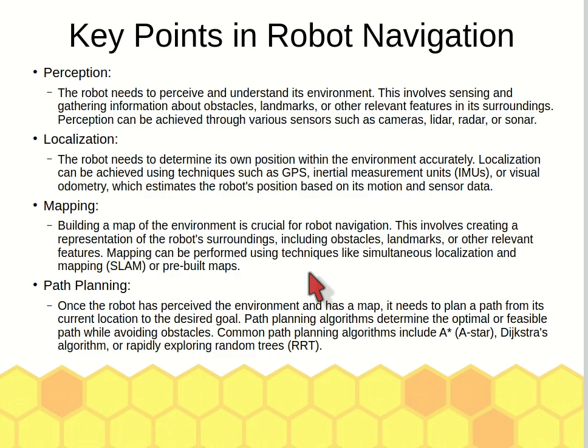So another key point in robot navigation is path planning. So path planning is very important. You can apply deterministic or probabilistic algorithm. A deterministic algorithm is guaranteed to find the solution if it exists, but normally it requires very high computational time.